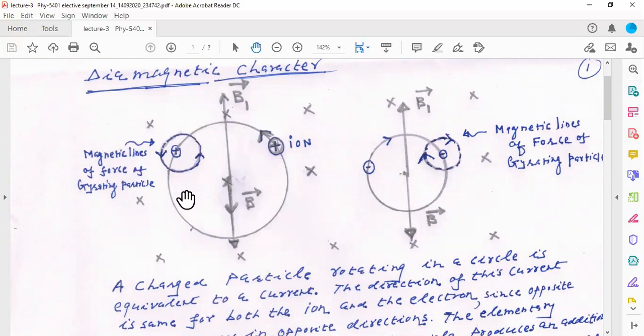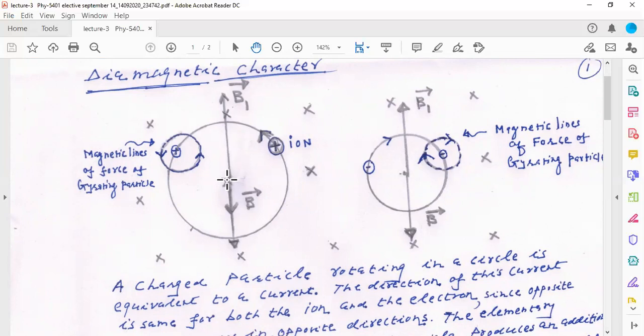The conventional current is in the anti-clockwise direction. So if I rotate my screw in an anti-clockwise direction, the screw will move in a forward direction, in an outward direction.